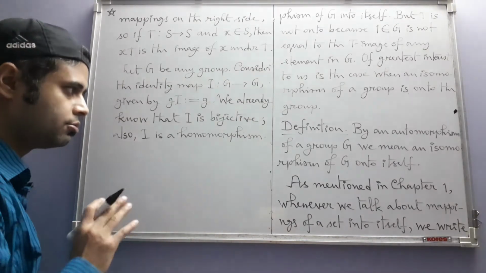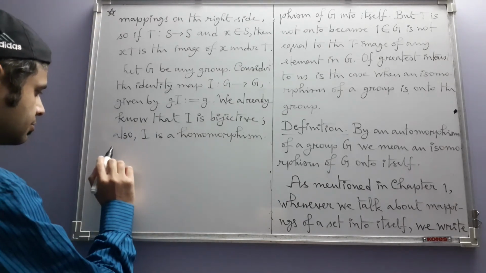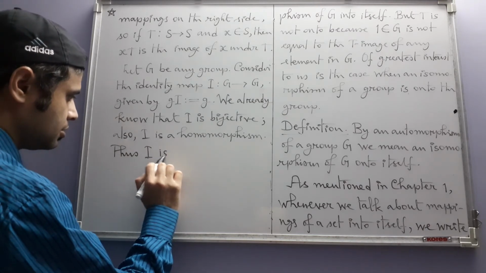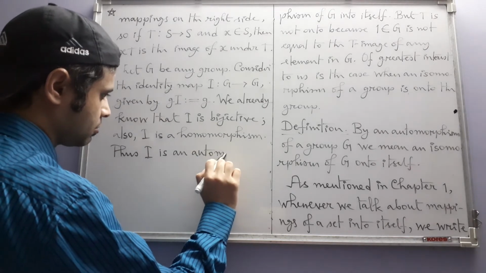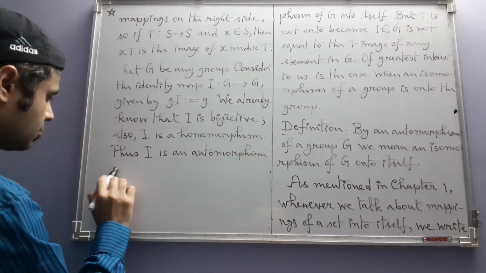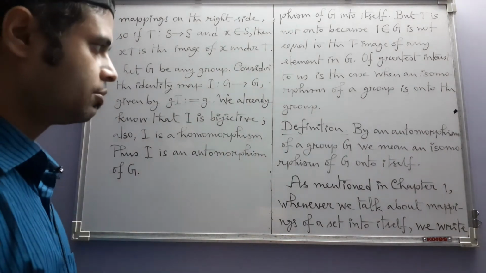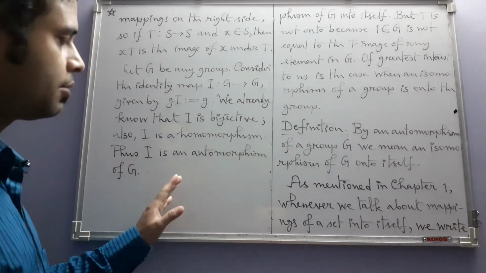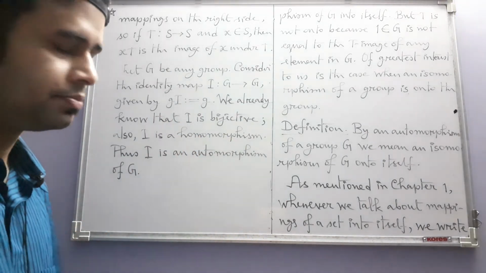So these were two trivial cases of homomorphisms. So that means this is an automorphism of G. So automorphisms of a group really do exist, and in fact any group has at least one automorphism, which is this identity automorphism.